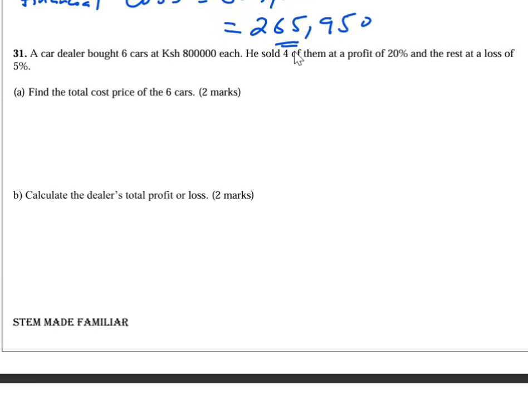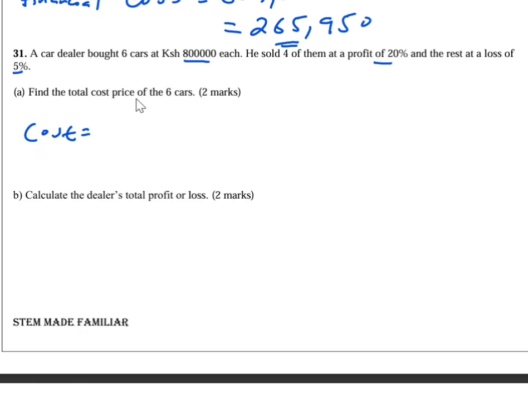Usichoke, don't get tired. A car dealer bought 6 cars at 800,000 each. He sold 4 of them at a profit of 20% and the rest at a loss of 5%. Find the total cost price of the 6 cars. Very easy. So moja ni 800,000 amenunua 6. So total cost will be just multiply.